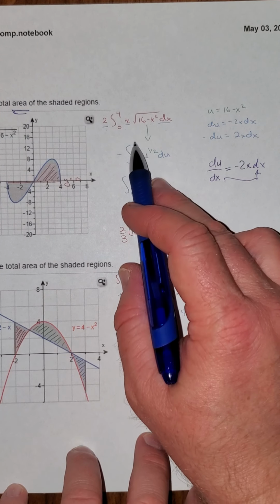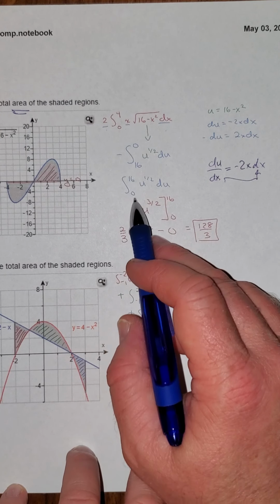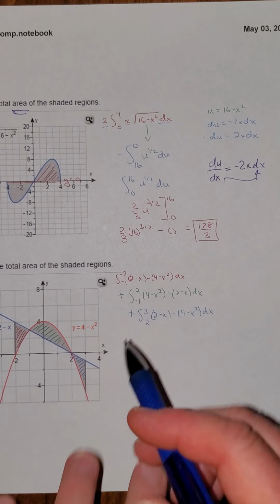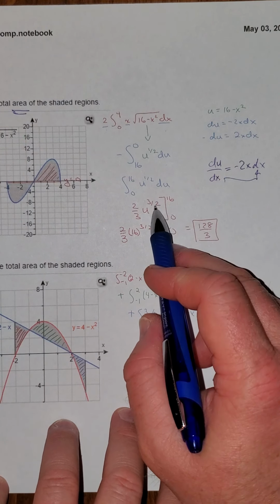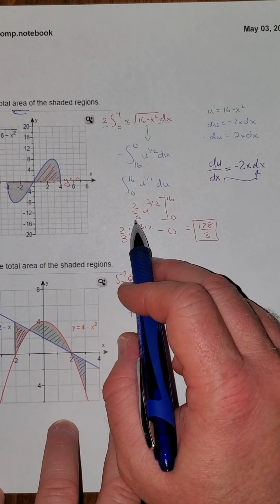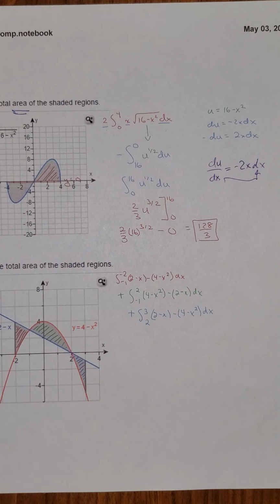Remember the properties we talked about in the previous lessons. You can switch those limits of integration and negate the integral. So if I switch this to 0 to 16, it becomes a positive. Now take the antiderivative. Add 1 to your exponent. Multiply by the reciprocal. Plug in the top number first, bottom number second. I get 128 over 3.